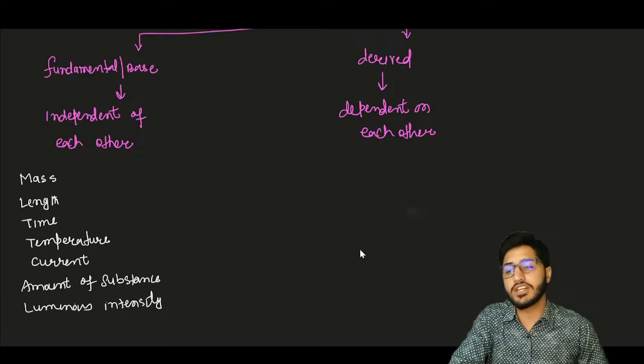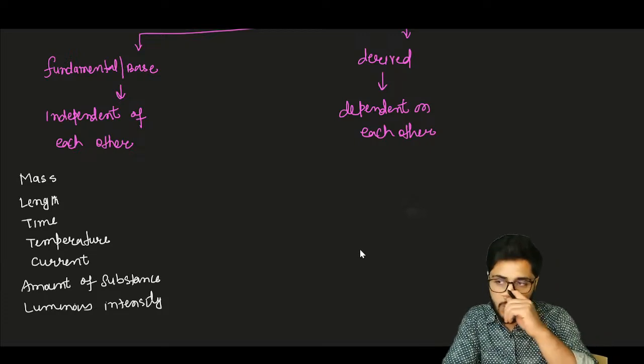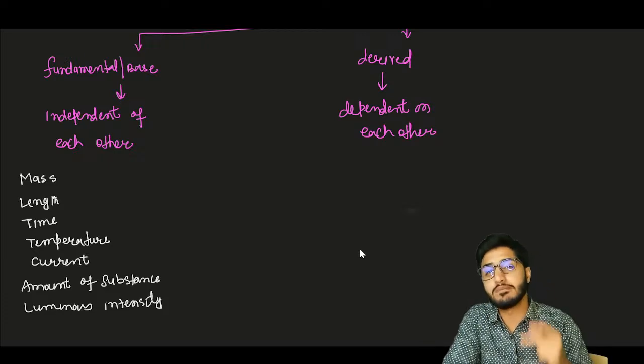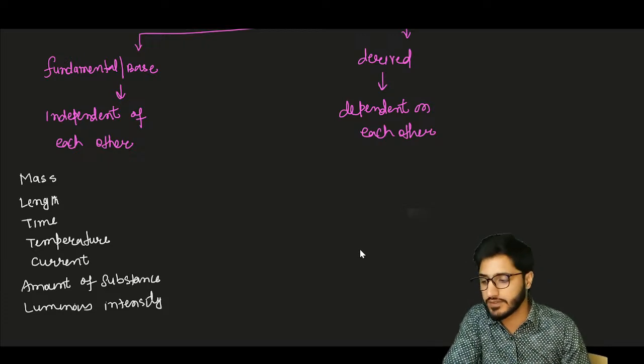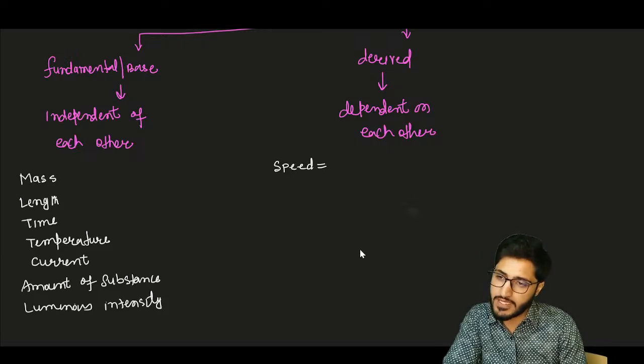And derived quantities are those quantities in which a minimum of two base quantities are involved. Let us suppose we are having speed. Speed is nothing but distance by time. So what is distance?